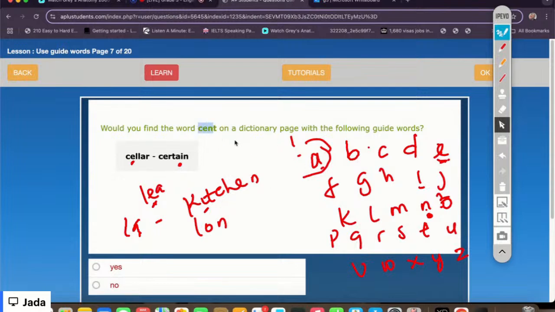So scent, can we find scent in between seller up until certain? So look at this.